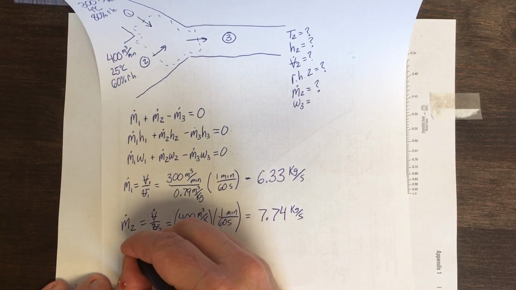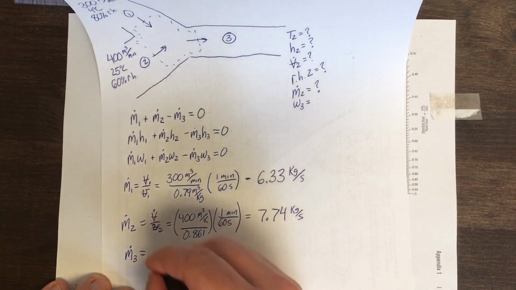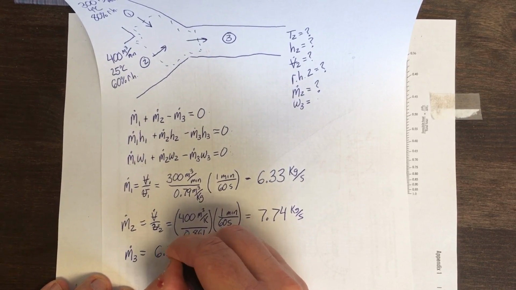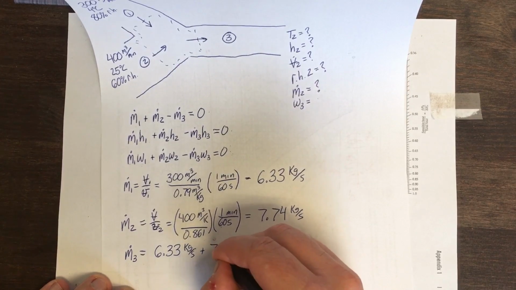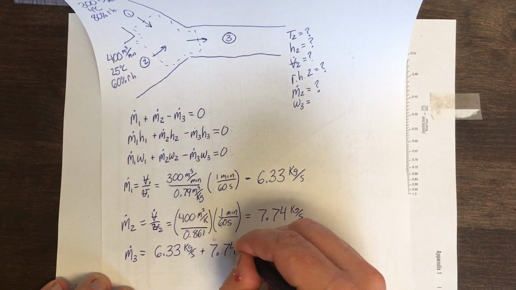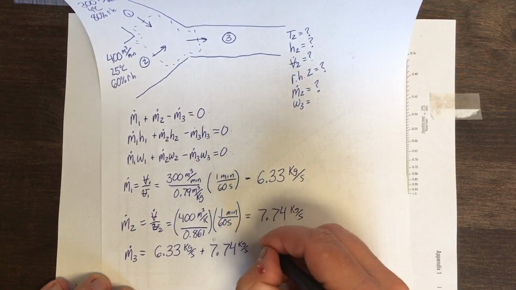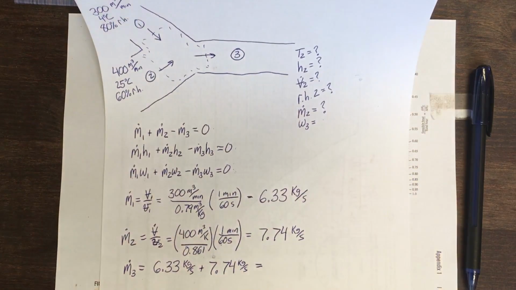Conservation of mass, we can get flow rate 3, 14.07.